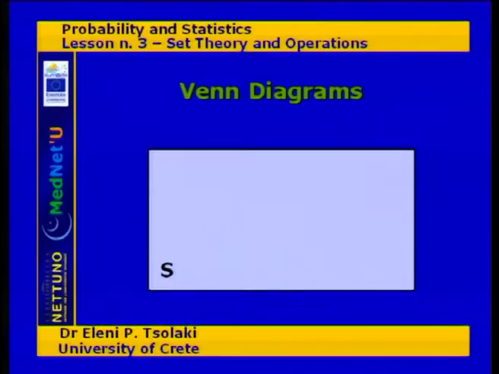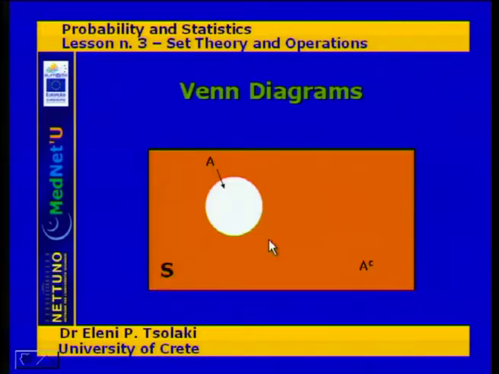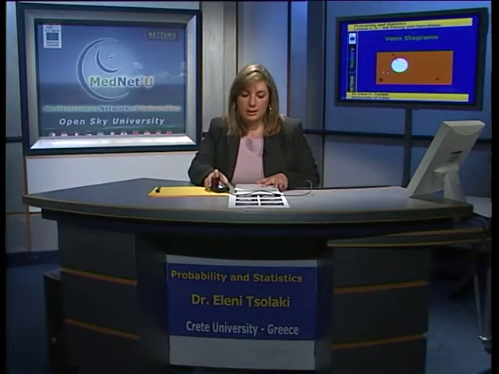The events are represented here with the filled-in orange disk, and assume that this is our event A. Now, the complement of the event A would be the sample space if we take out the event A. How do we write this in maths?